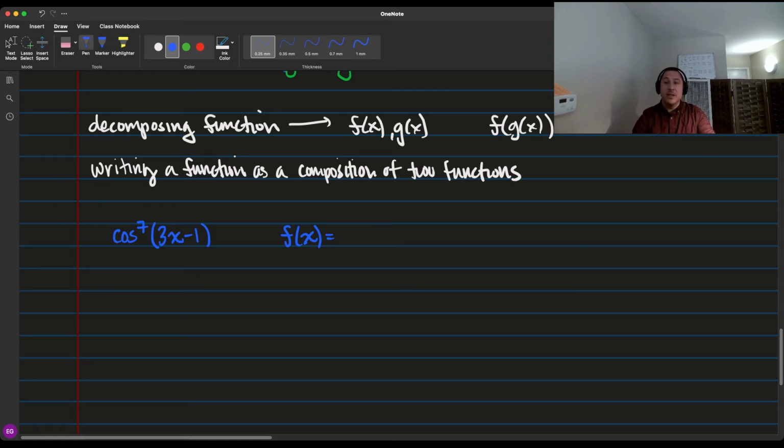No, 3x minus 1 is the first thing, because you would first plug into x, and then you would get 3x minus 1. That would then get sent to cosine, which would then be raised to the 7th power. The last thing that you do is raising to the 7th power. Now, what gets sent to the 7th power? That's going to be your g.